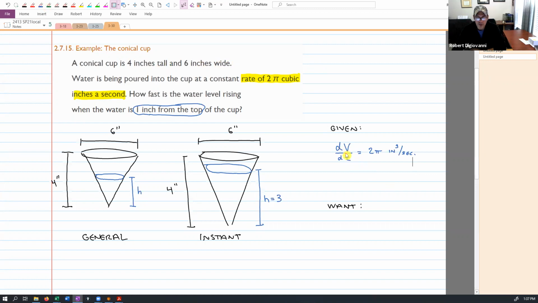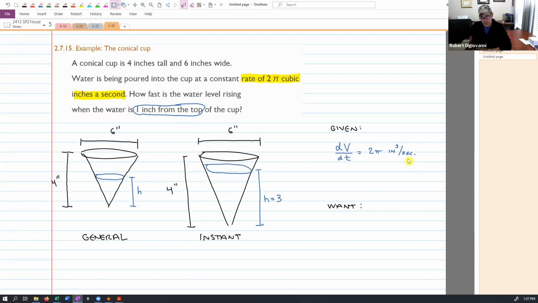The rate of change of volume with respect to time is 2 pi cubic inches a second. Any questions on why that's the derivative of the volume, or the rate of change of volume? I mean, that's what you're pouring in, right? So that's how fast the volume is changing.